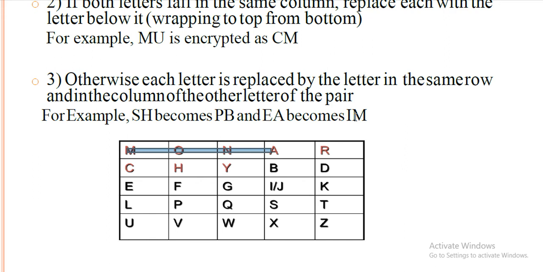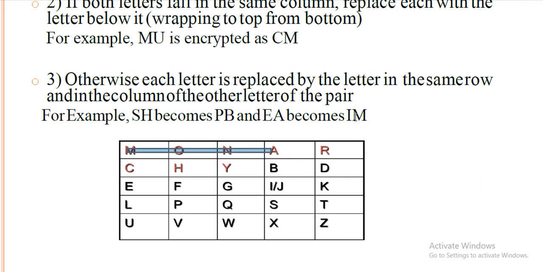So for each pair just go for 3 rules. First one, if your pair alphabet is in the same row, then apply the shifted method. If your pair alphabet is in the same column, then again the same, whatever we apply for the row, the same thing we apply for the column, shifted one. And if your pair alphabet is not in the same row or same column, then you need to go for the intersection point.